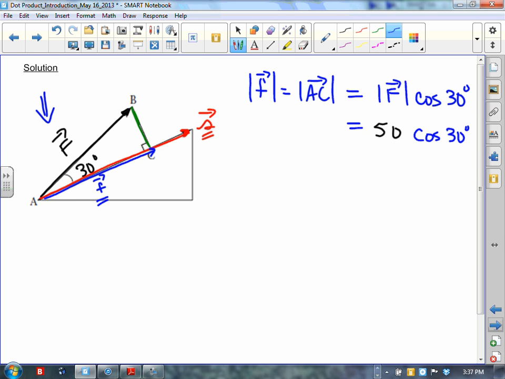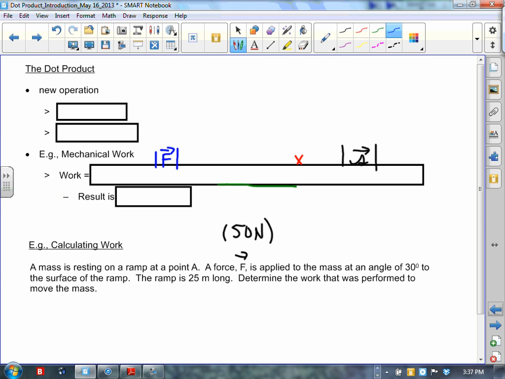Okay, so far so good. That part's done. Recall now that the definition of work as given over here is the product of these two.